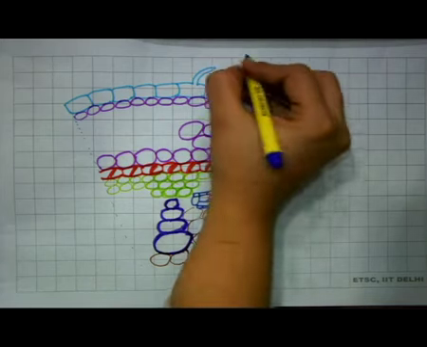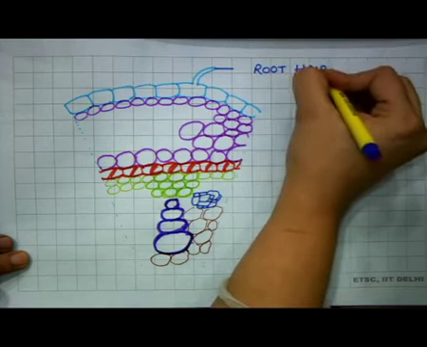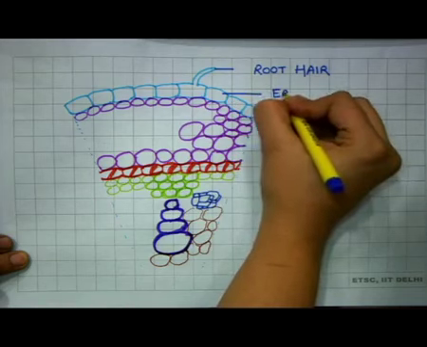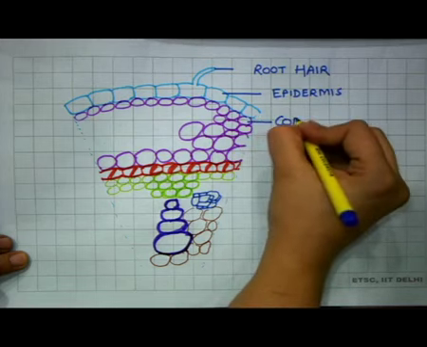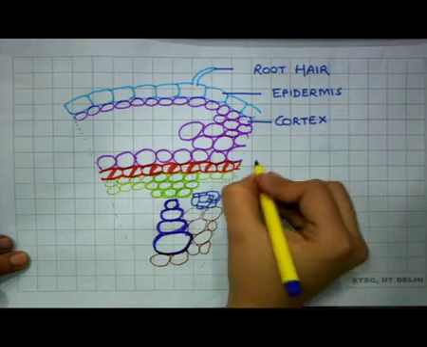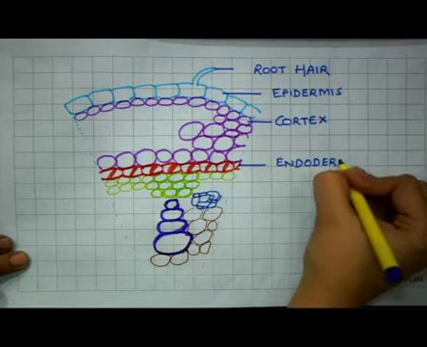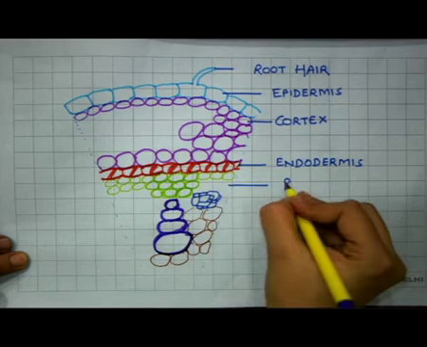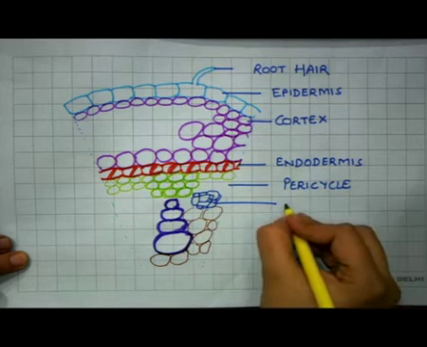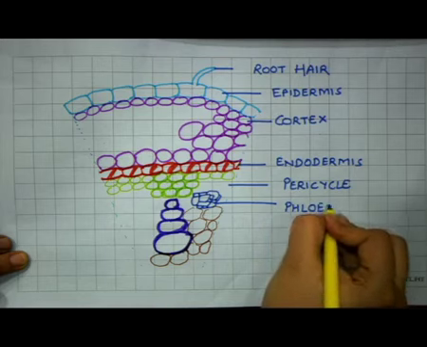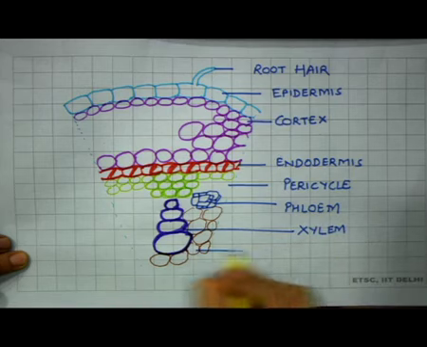Now, let us label. This is root hair, the epidermis, the cortex, the endodermis, few layers of pericycle, phloem, xylem and conjunctive tissue.